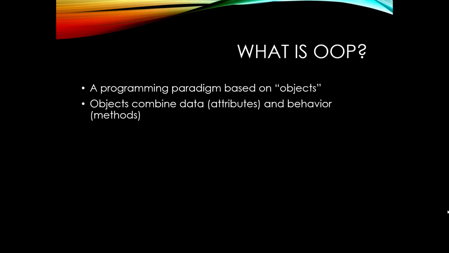These objects combine both data, in the form of variables or attributes, and behaviors, in the form of functions or methods. Python supports object-oriented programming fully, and learning it will help you build better structured, more reusable, and real-world inspired applications.